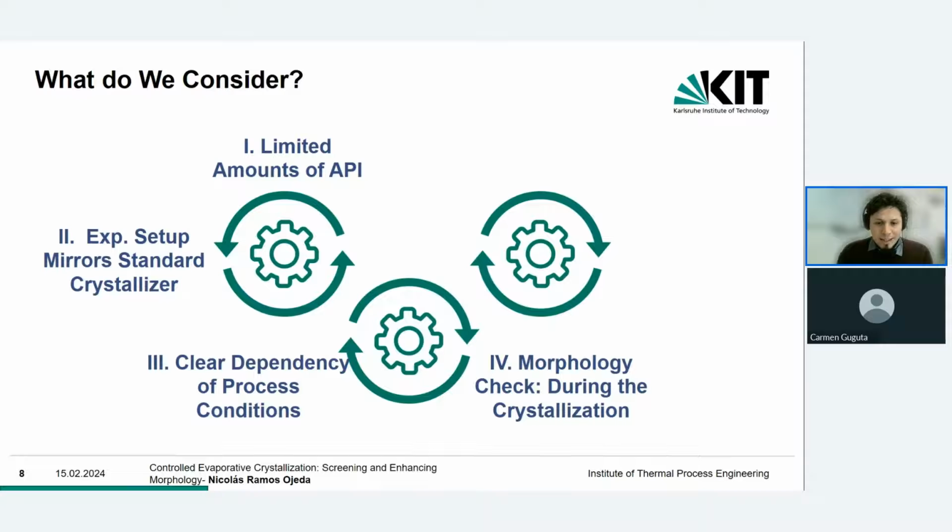And we want to analyze the effect of the temperature and the supersaturation profile on the crystal morphology independently from each other. To achieve this, we planned isothermal evaporative crystallization. A fourth requirement that we want to fulfill is the morphology check. We want to perform it during the crystallization because otherwise the crystals that we obtain could be affected by sampling or solid-liquid separation, and we could not correctly link the process conditions with the crystal morphology.